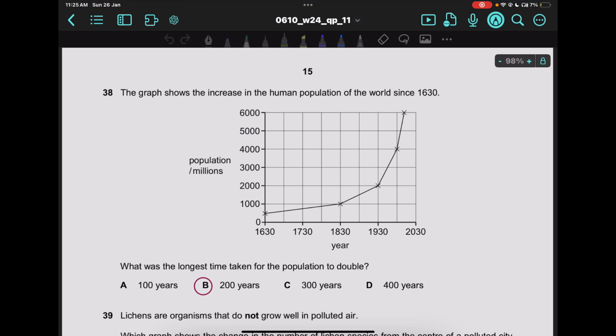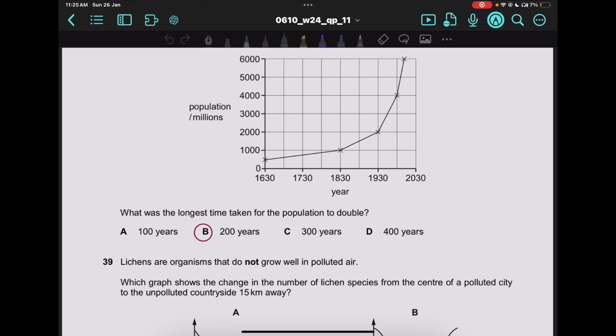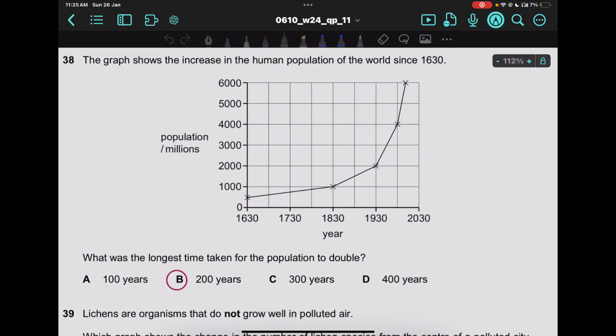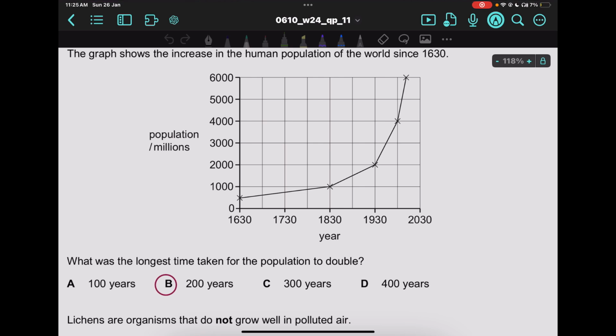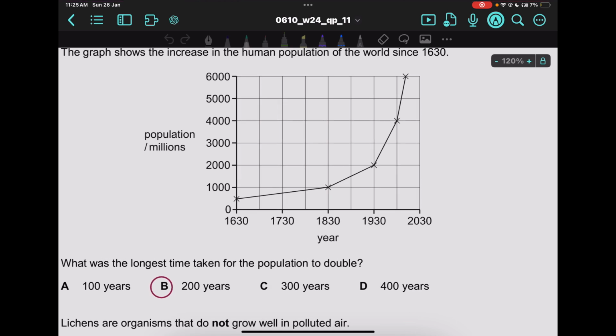38. The graph shows the increase in the human population of the world since 1630. What was the longest time taken for the population to double? So over here, let's just analyze this real quick. From 1830 until 1930 there was 1000, and then it went up to 2000. So this is double in 100 years.